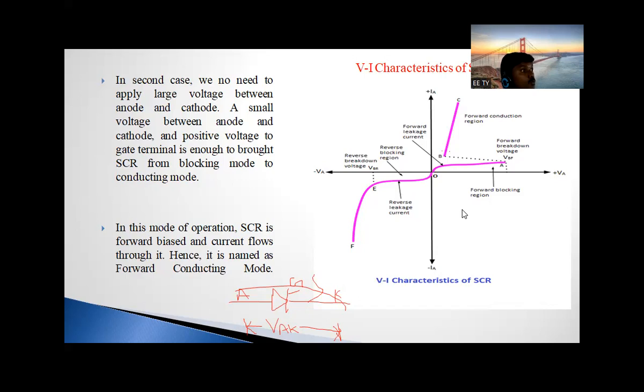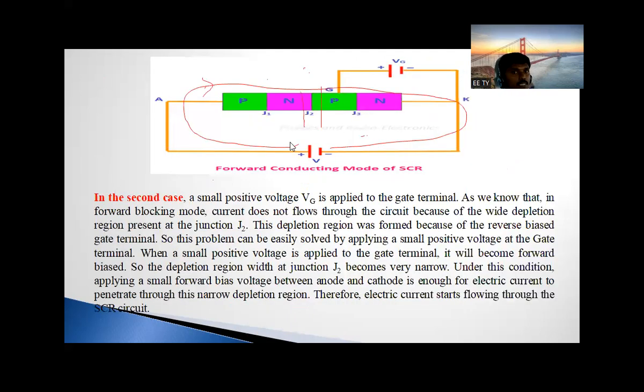VI means voltage and current. Voltage across the anode and cathode and anode current. So if he asks the question, explain the VI characteristics of SCR, you have to write all these three modes: reverse blocking mode, forward blocking mode, and forward conducting mode. And step by step you have to explain with neat diagrams like this. What I have explained like this.